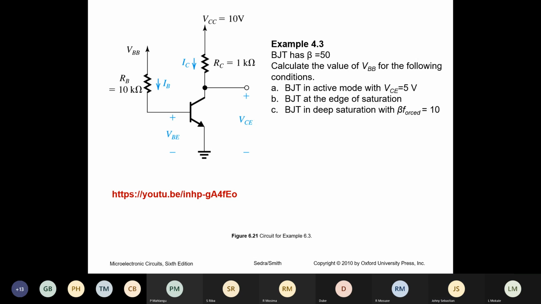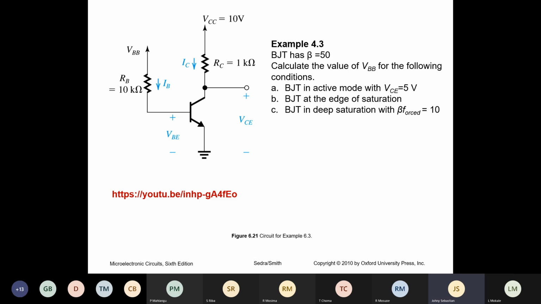IC equals 10 minus 5 divided by RC, that is 5 divided by 1K. That must be 5 milliampere. So we got a collector current of 5 milliampere.